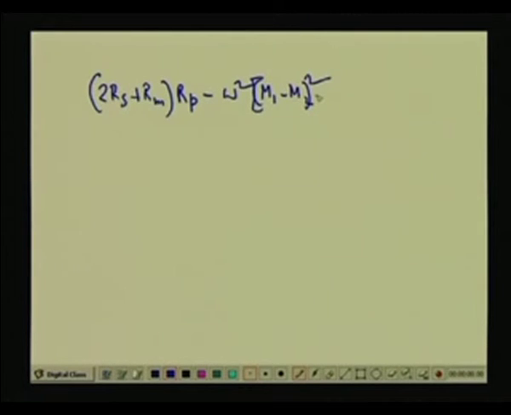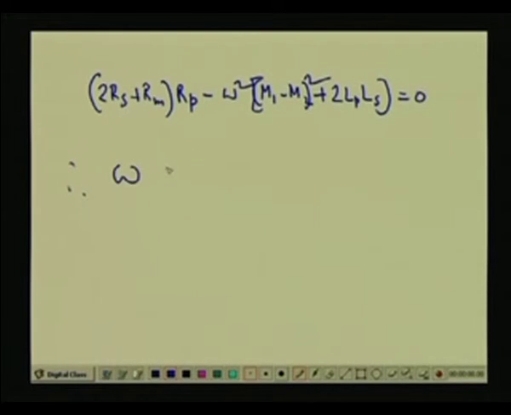So, let us do that, take a new page, fine. So, to make phase shift 0, (2 RS plus RM) RP minus omega square ((M1 minus M2) whole square plus 2 LP LS) will be equal to 0.